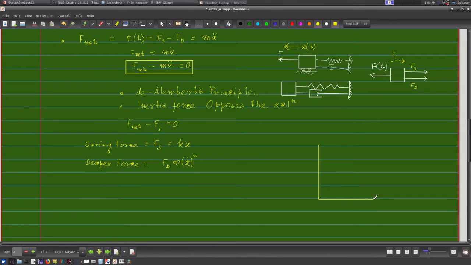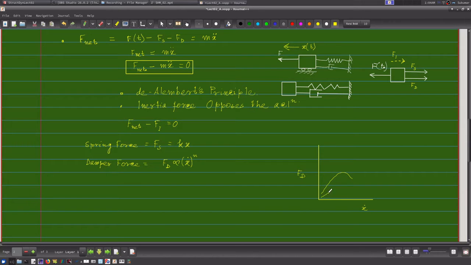where they have measured the damping force, say Fd, and plotted it against the velocity, and for different systems different types of distributions are obtained.